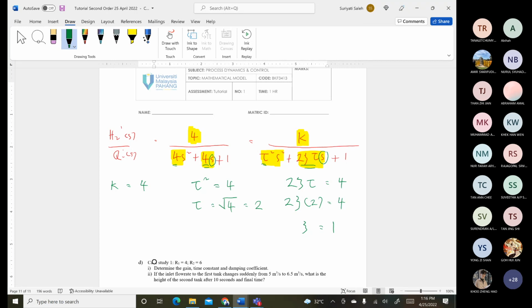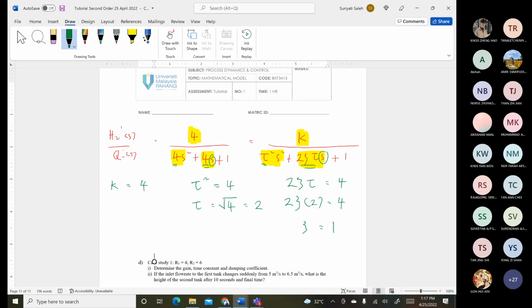Any questions so far? Doctor, for the damping coefficient, may I know the actual symbol? Because it looks like 3, and I don't know how to write the symbol. If you recall in the material balance, you know the extent of reaction? Okay, understood. That is the symbol. Only in the material balance, the psi is used for extent of reaction. However, in process control, the psi is used for the damping coefficient in the second order.